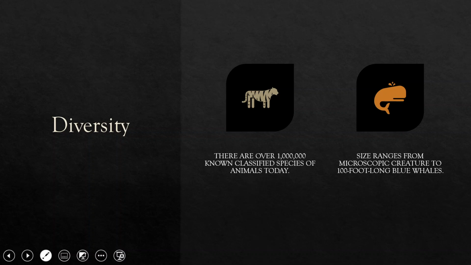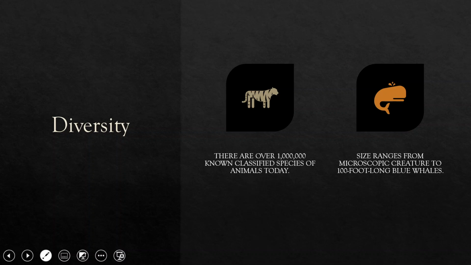And then from there, we get some of the sizes range. Now they mostly end up being around the same size, but there are some that are a bit different. The size ranges from microscopic creatures, so things as small as plankton, to much larger creatures like the 100-foot long blue whale. Yes.